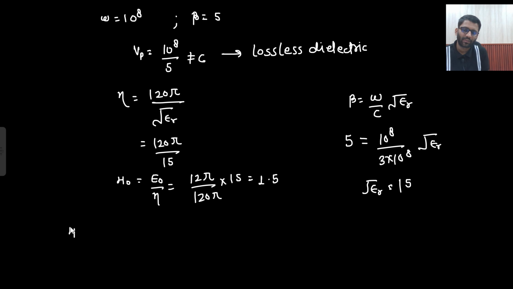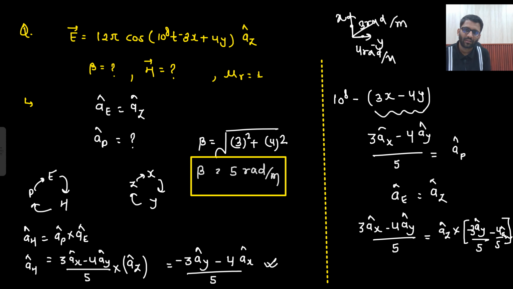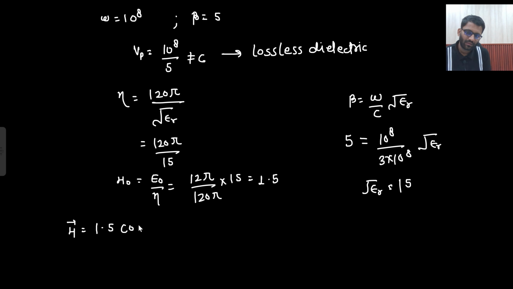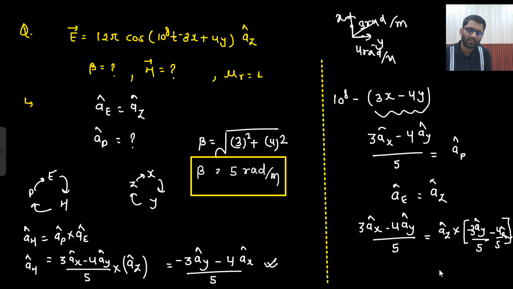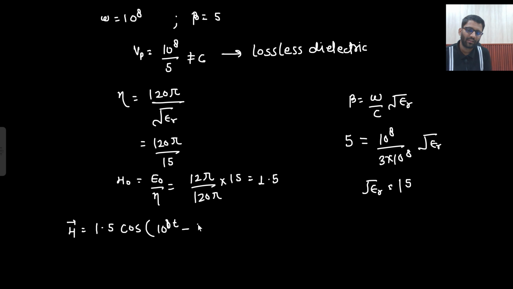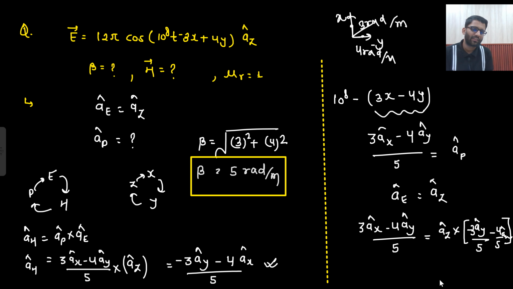So can I write down the expression of H now? Yes. 1.5 cos of 10 to the power 8 t minus, in which direction is the wave traveling? 3x plus 4y. And now what is the direction of your magnetic field?